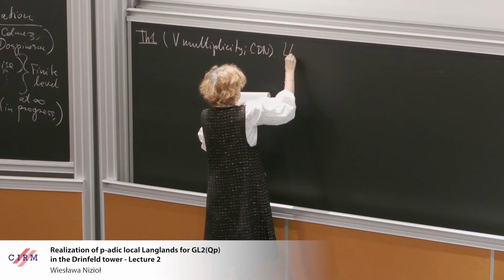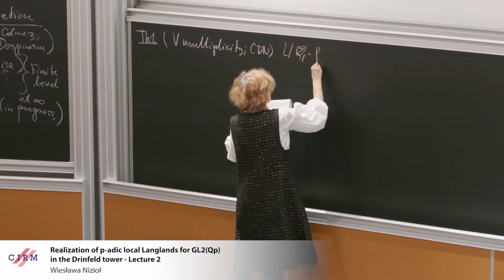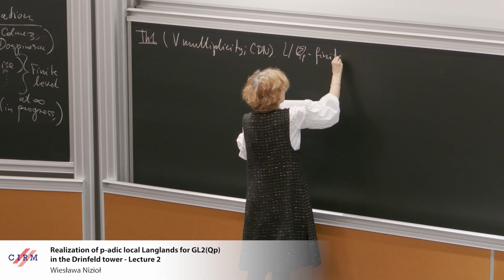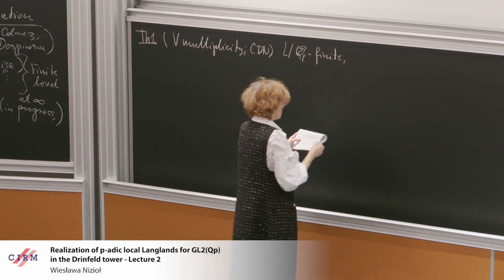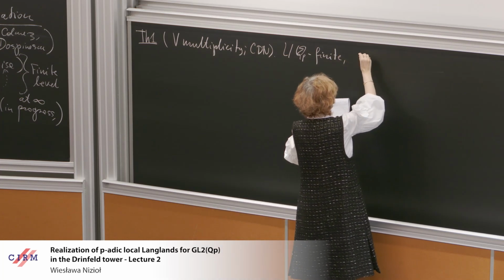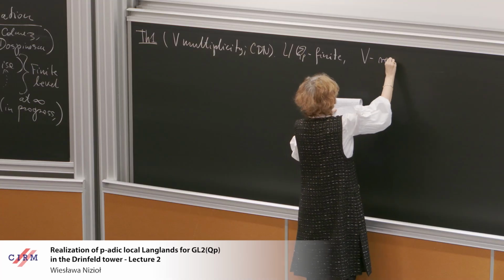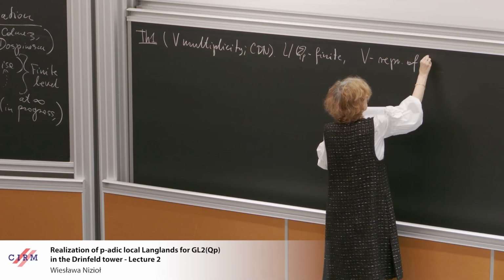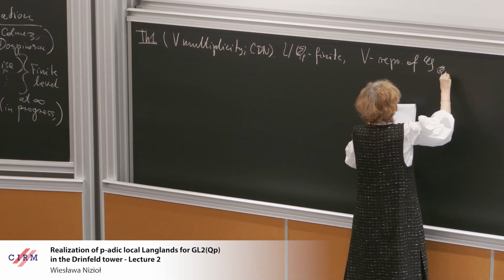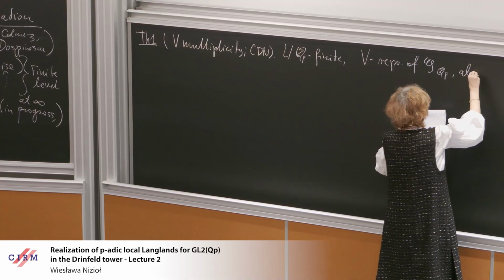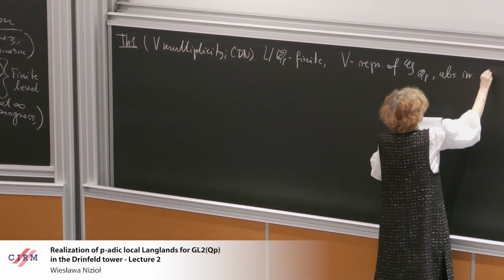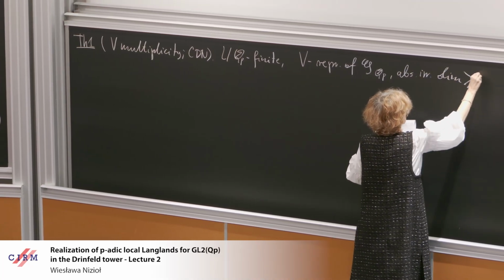We need to work with coefficients L because of the coefficient field of the Jacquet-Langlands functor, so we have to extend the coefficients. V is a representation of the Galois group of Qp, absolutely irreducible, and of dimension at least 2.